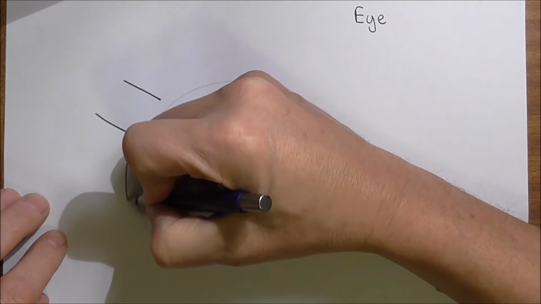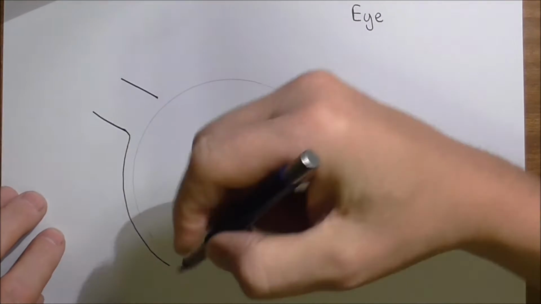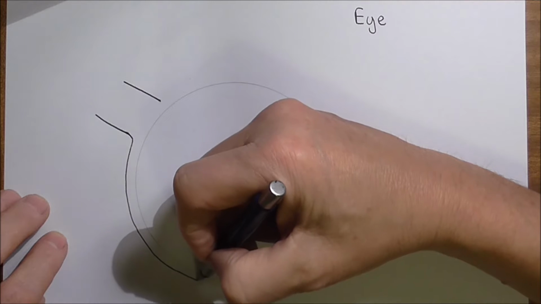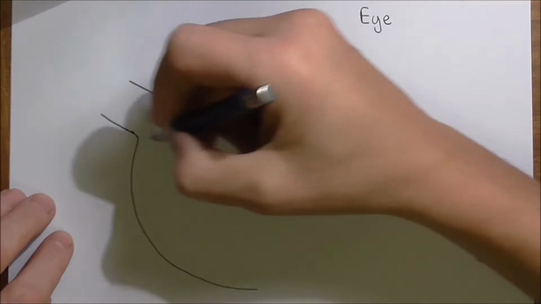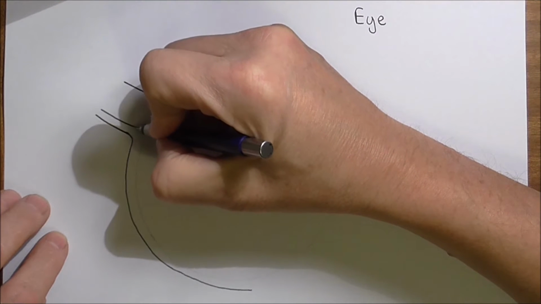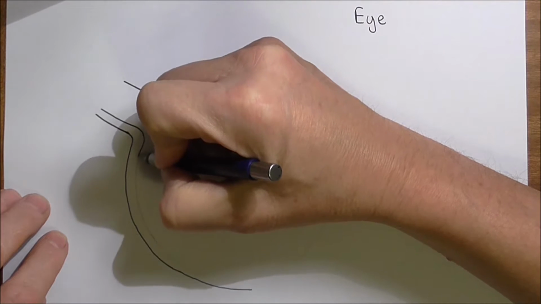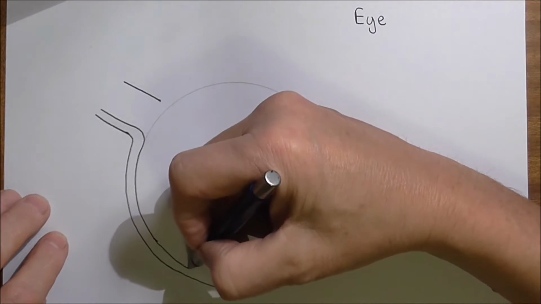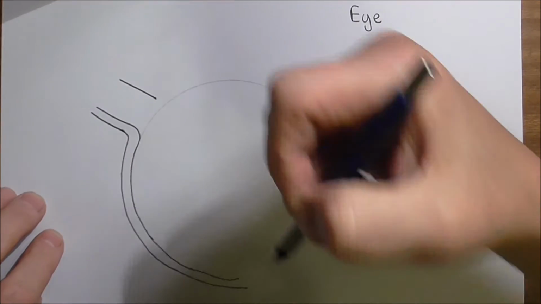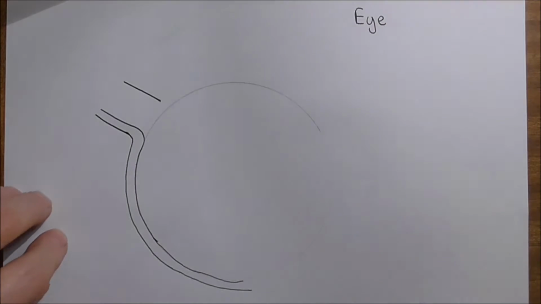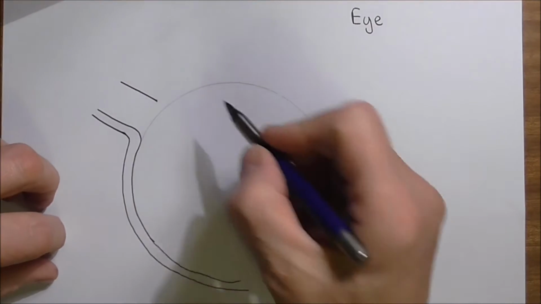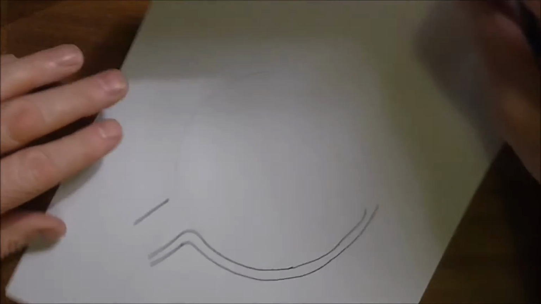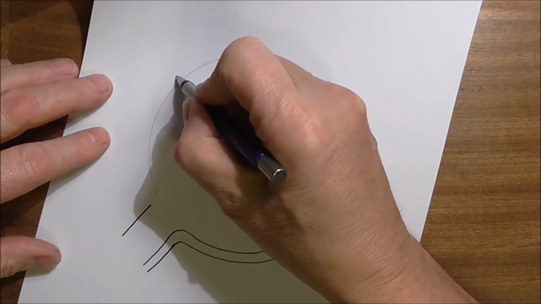And there's going to be a tough fibrous layer around the outside of the whole eye here. And this continues to line the optic nerve. This is the outer layer of the eye. This is the sclera. So that's going to go all the way around here.